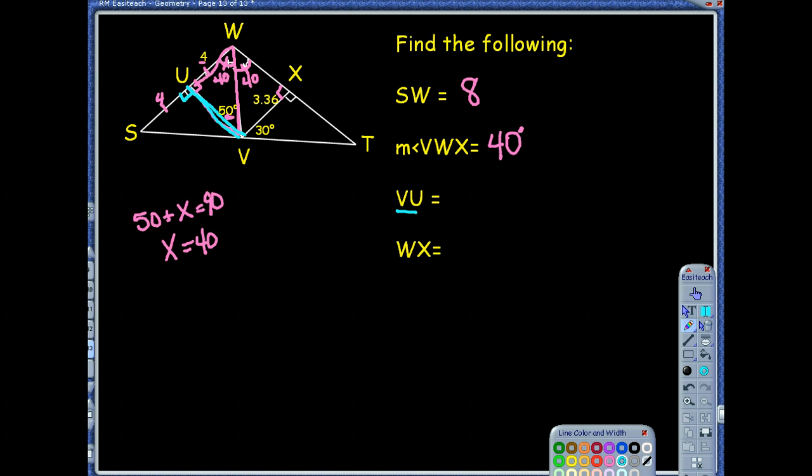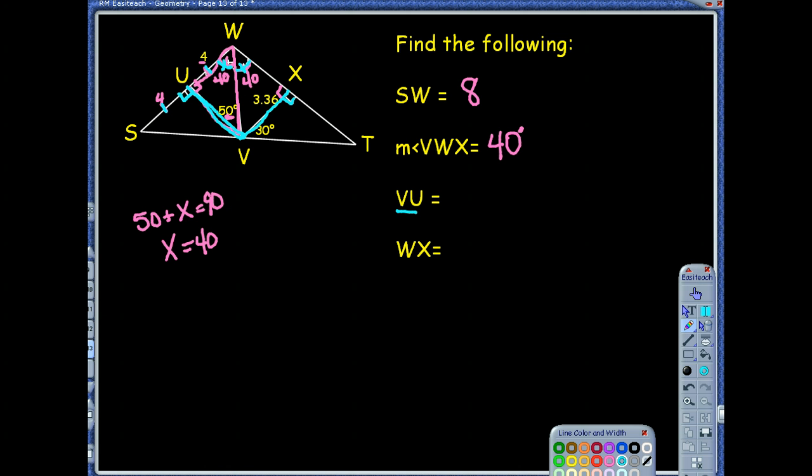When I talk about perpendicular segments, a lot of times it's maybe a perpendicular bisector, which technically it is, but that's not really going to help us. I look at the other side. VX is also a perpendicular segment. And the reason I'm pointing this out is because point V is actually on an angle bisector.